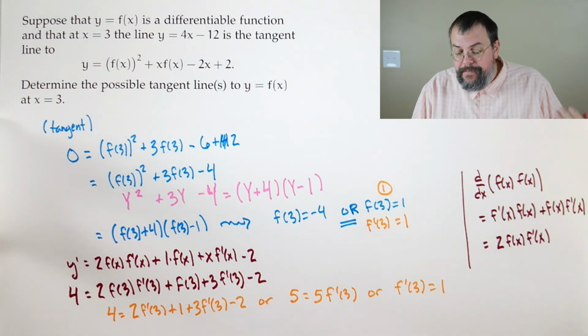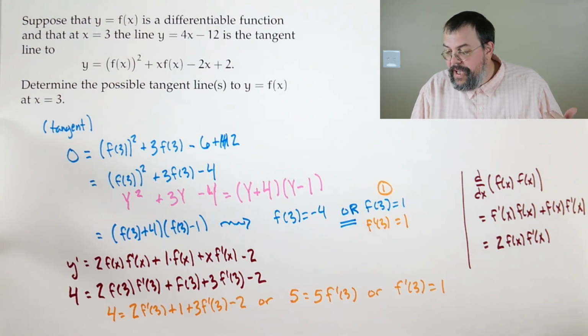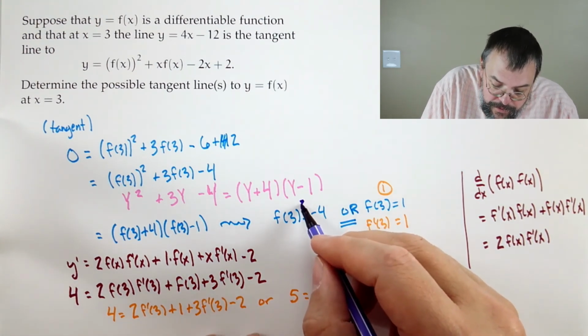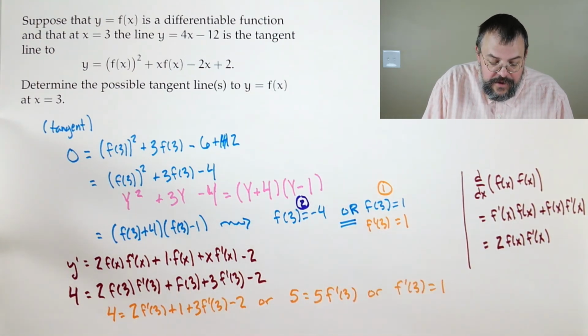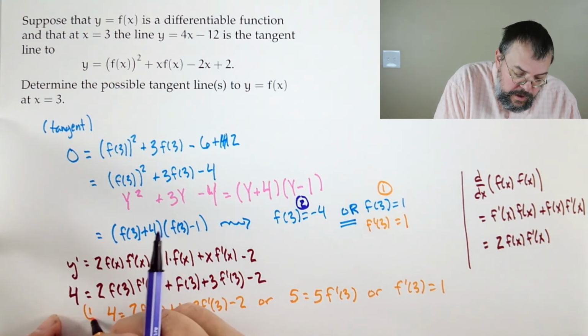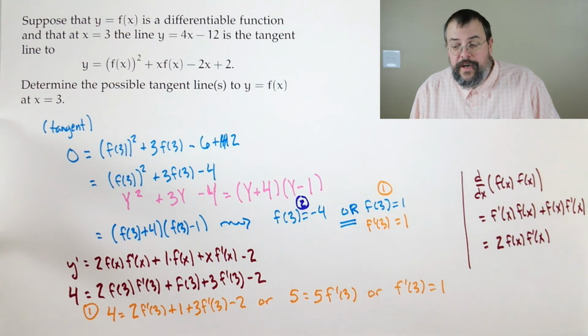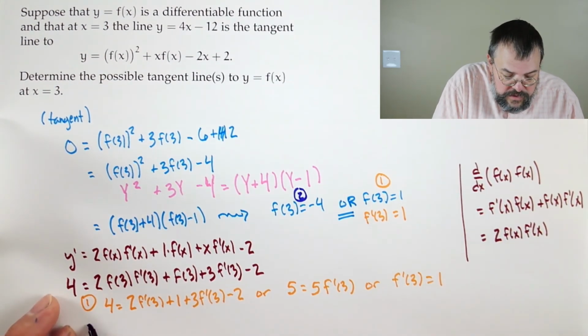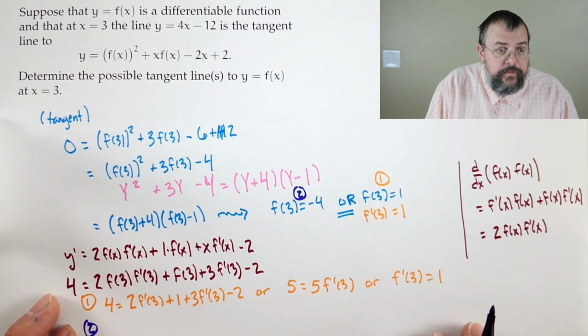But it may not be the case. So we have to go down the other rabbit hole. Let's call this option 2. So recall that this one was option 1, and now we're into option 2. Let's see, I think there's a little bit of space down here. So 2, what do we get?